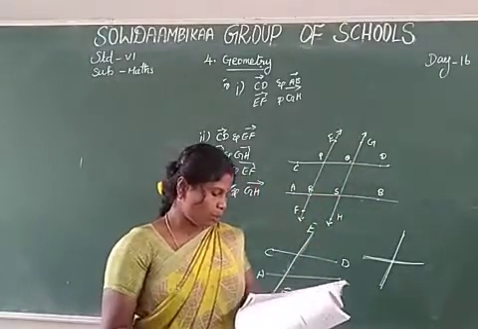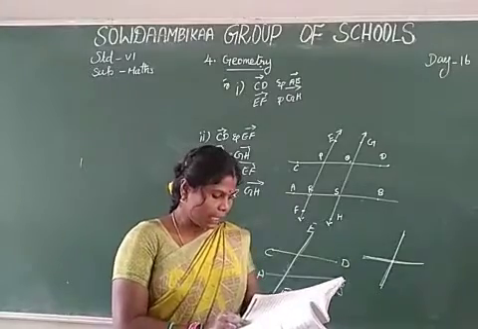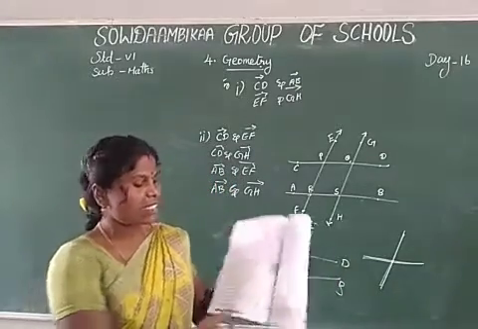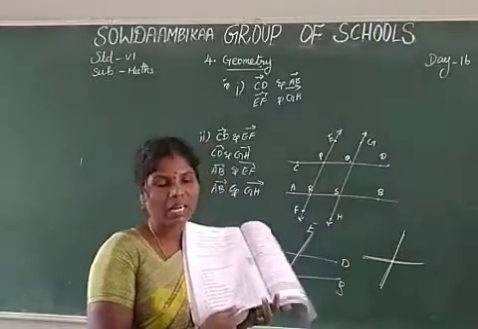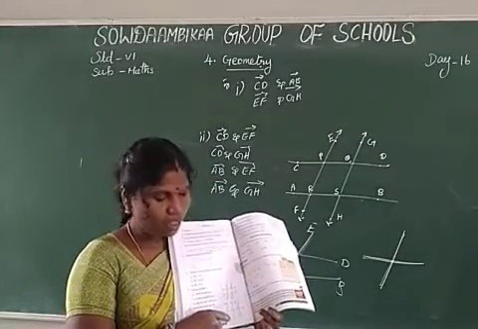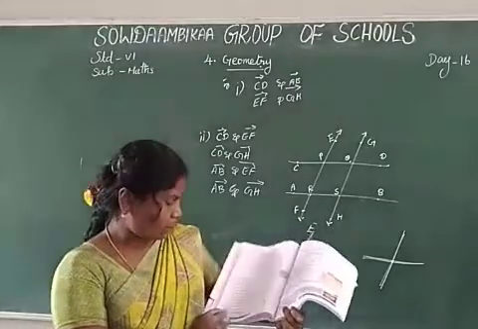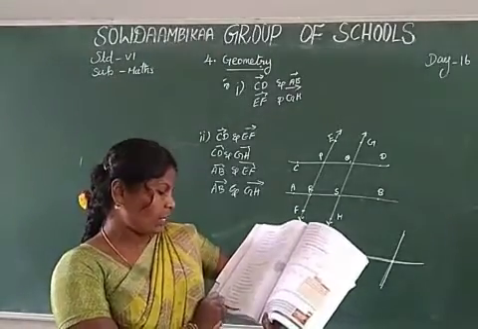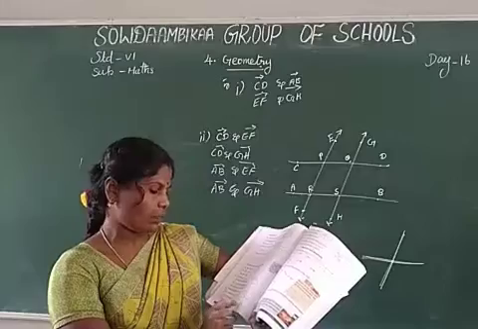Next, sixth question. From the given figure, name the parallel lines. See your picture and write the parallel lines. Which one is the parallel line? CD, EF. Write parallel lines CD, EF and CD, IJ.